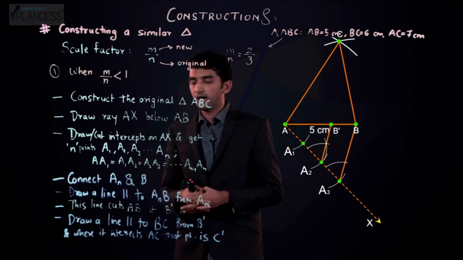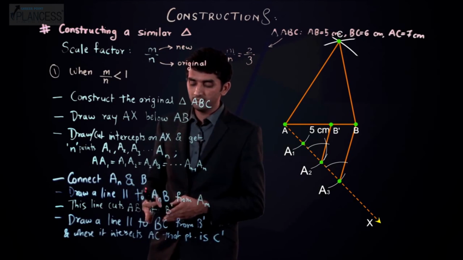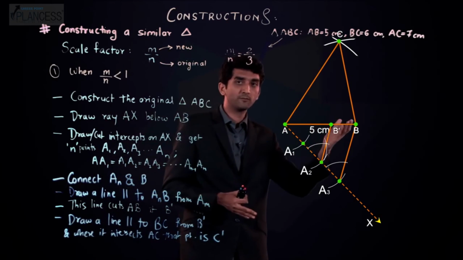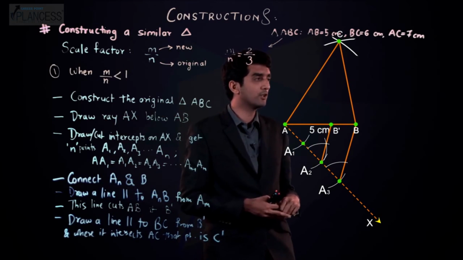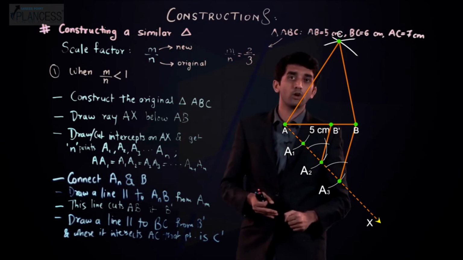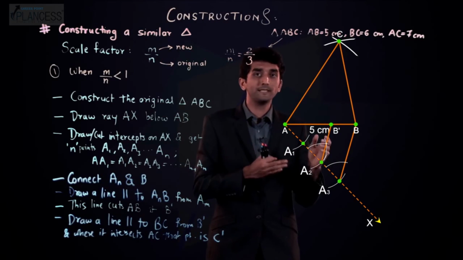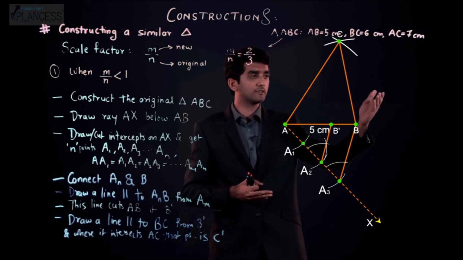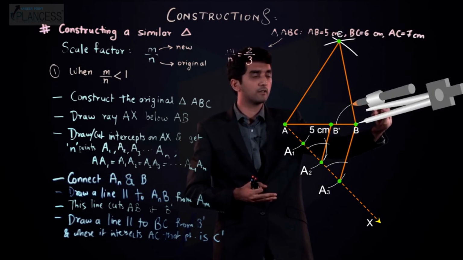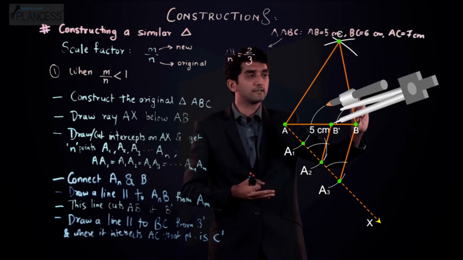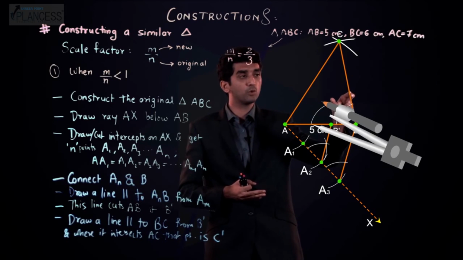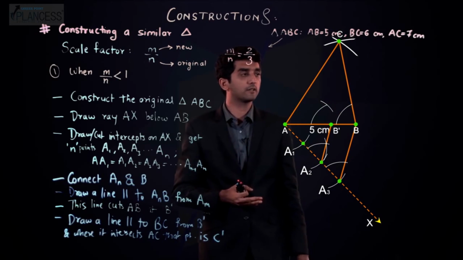The next step asks us to draw a line parallel to BC from B dash, right? So we have BC in front of us, and B dash we have recently obtained. So what we have to do is draw a line parallel to BC from B dash. It's simple enough to do. What we have to do is just measure this arc, measure as in make a cut over here, arc over here, the same arc over here. Then measuring this arc length, we have to go here and then cut this particular thing.